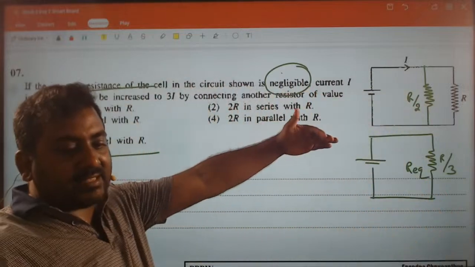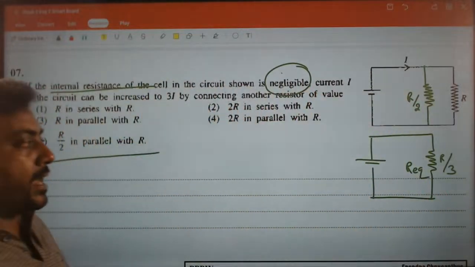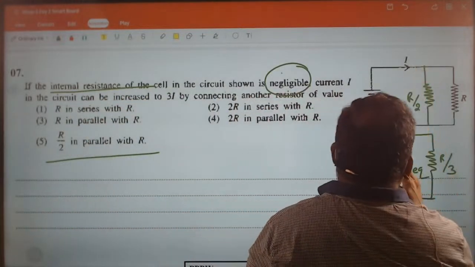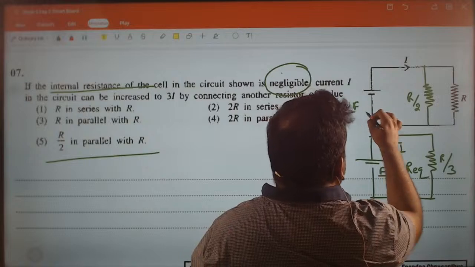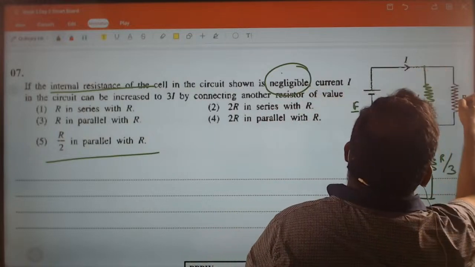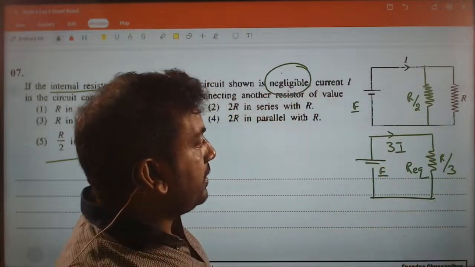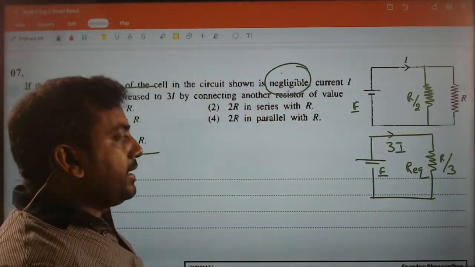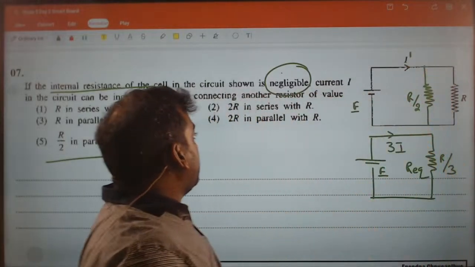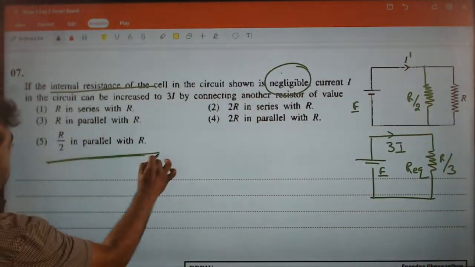So resistance has reduced by 3 times, current will increase by 3 times. So here 3I, here I. Same battery. If I multiply these two, it should be IR. So here, don't forget, the new current I dash is going to be 3I. Correct answer is answer number 5.